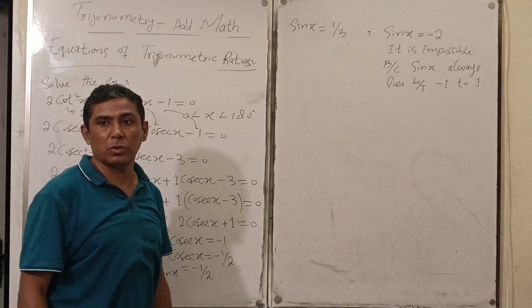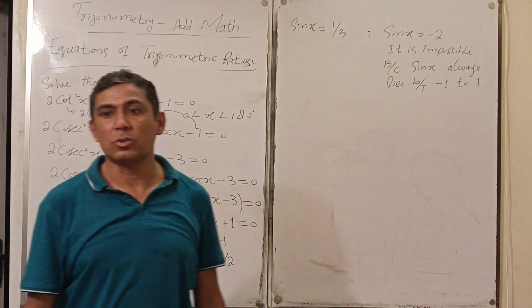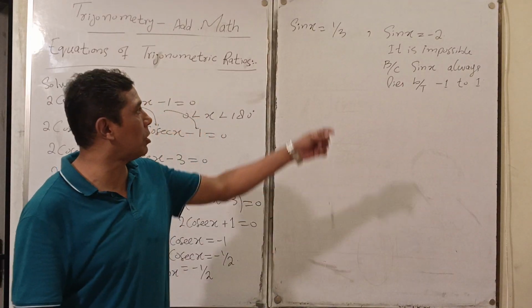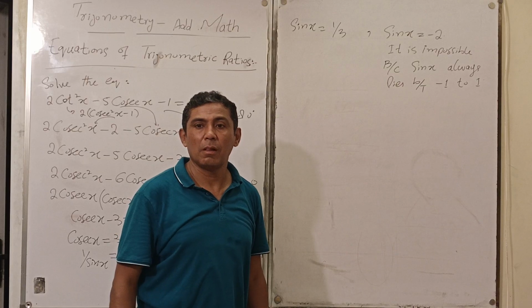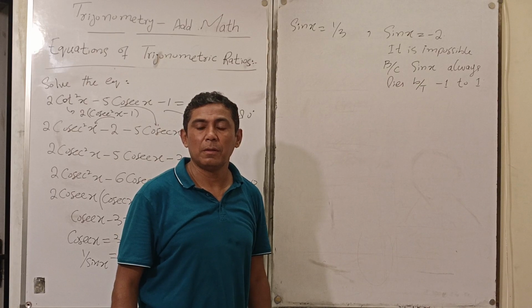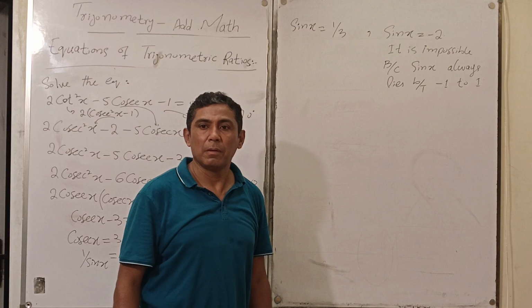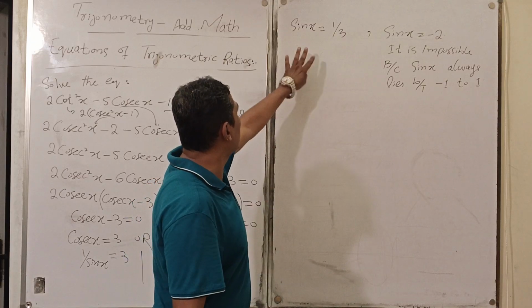You have extra marks for this one, okay? So you have to mention this one. Why you are not going to plot the graph of this? Clear? आगे move करें। अब now look at this one.